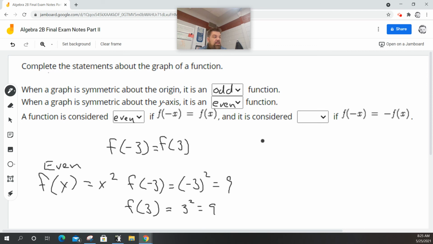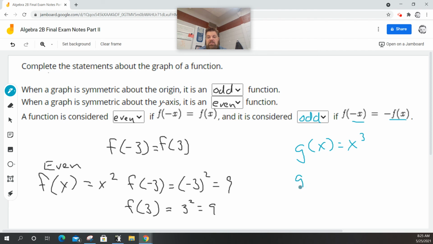Okay. Now, the other type of function is an odd function. Well, there's even, odd, or neither. So an odd function, if I put the negative in, I get a negative y value. So let's do g of x equals x cubed.